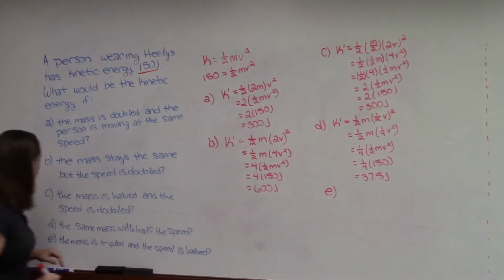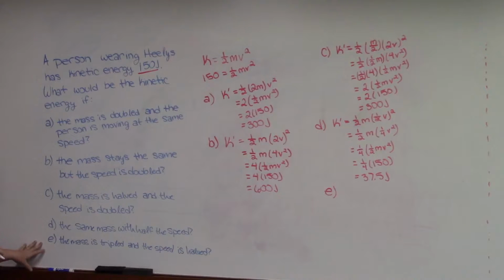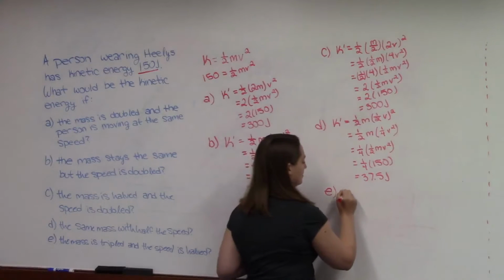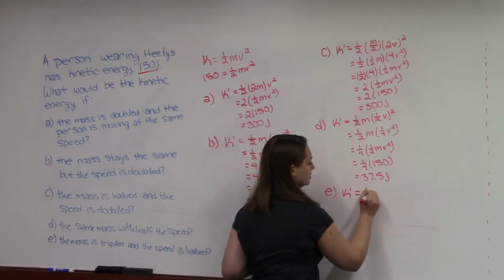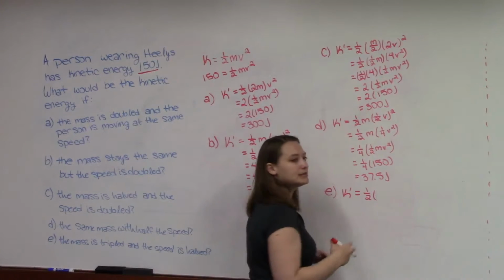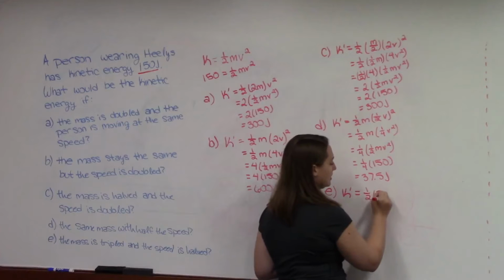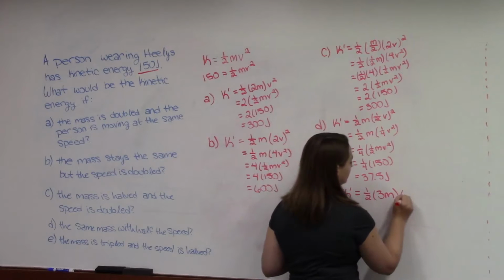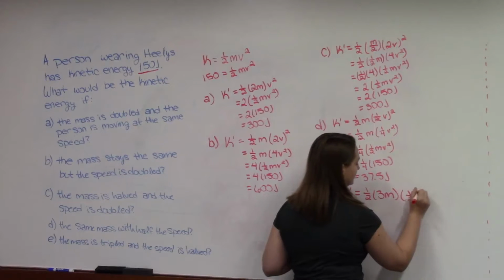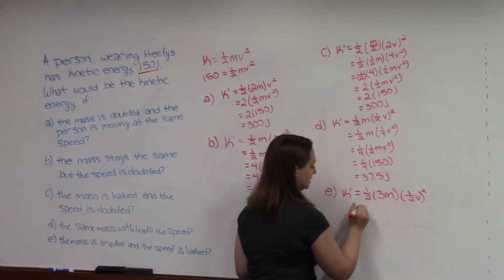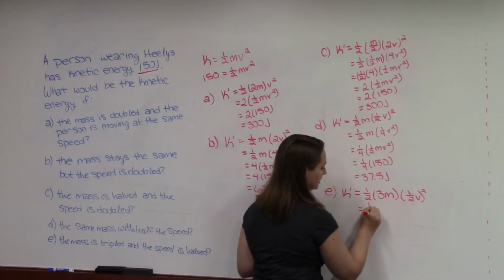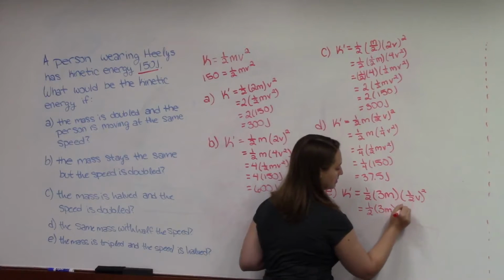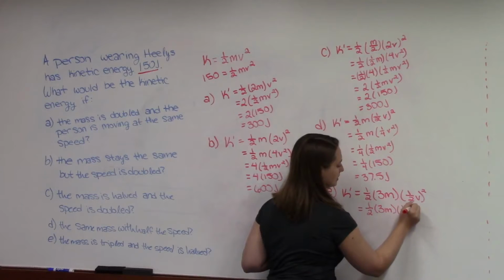And finally, for part E, we have the mass is tripled and the speed is halved. So we say our new kinetic energy is 1/2. If our mass is tripled, that means we're multiplying by 3. And our speed is halved, so we have 1/2 times v with our square outside. So we have 1/2 times 3m times 1/4 v squared.